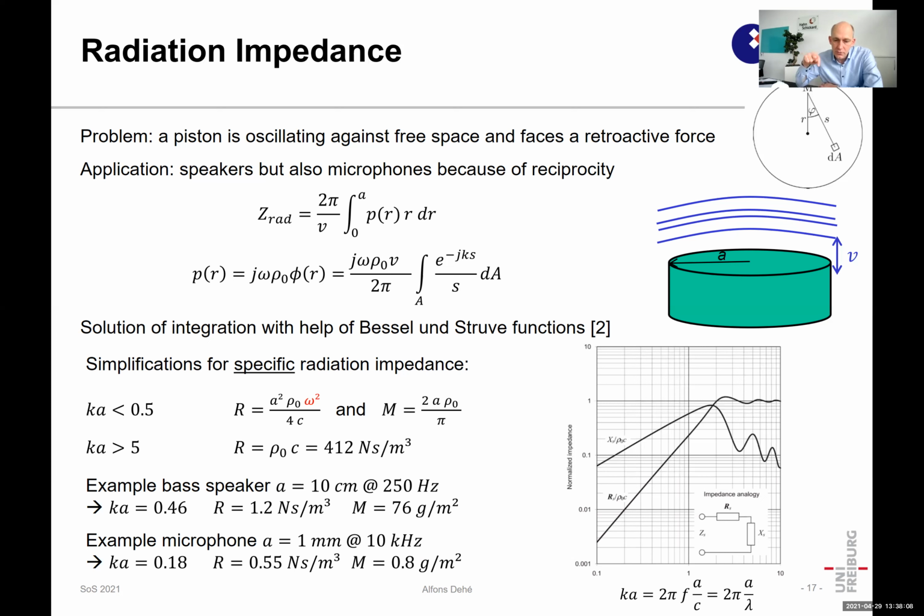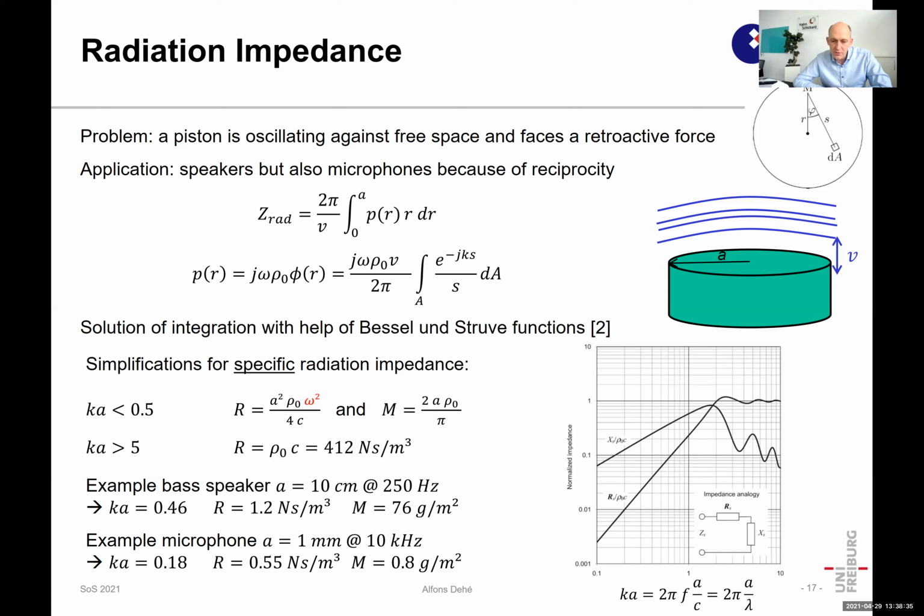But if we look to a MEMS microphone, which has only a millimeter diameter, so 1 millimeter radius, and maybe at 10 kilohertz, yeah, then we can find some loss factor which is not too far away from a big speaker, but the mass loading is of course much smaller, 0.8 gram per meters square.